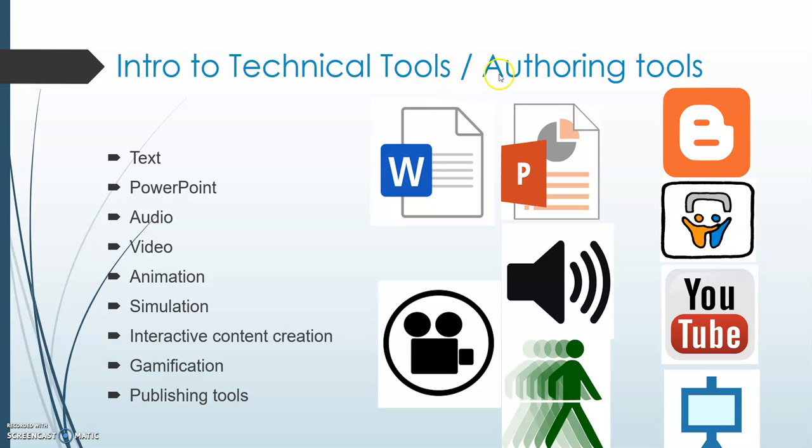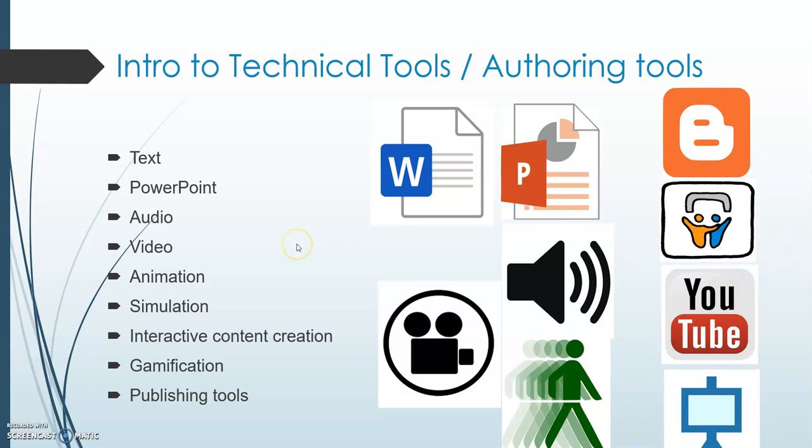In the intro to technical tools and authoring tools, you can see different types of authoring tools: text based, OpenOffice, OpenWriter, and OpenImpress for PowerPoint, and blogs and SlideShare, and tools for video and audio, for animation, and to publish digital content.